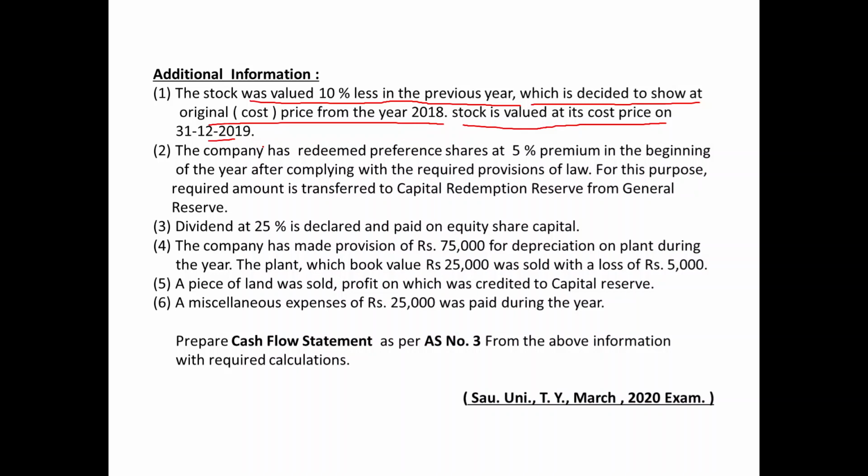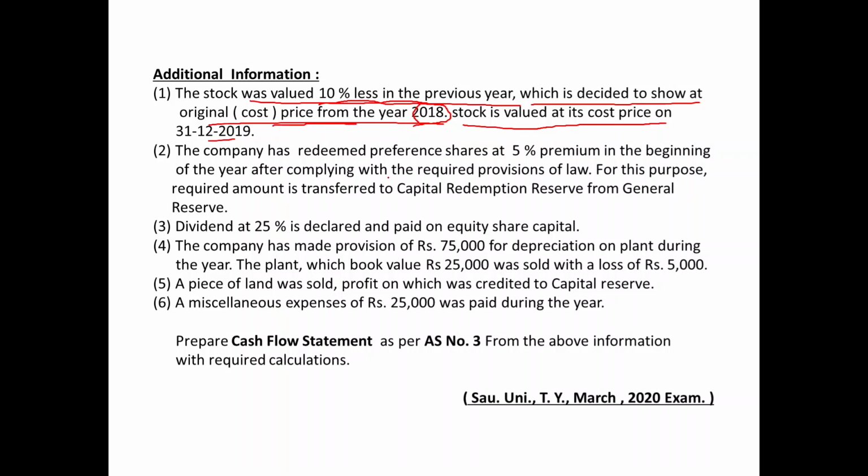It means in the current year for which we are preparing this cash flow statement, stock is valued at its cost price. But for the last year, that is 2018, stock was valued 10% less. And now it is decided that it is to be shown at its original cost price.